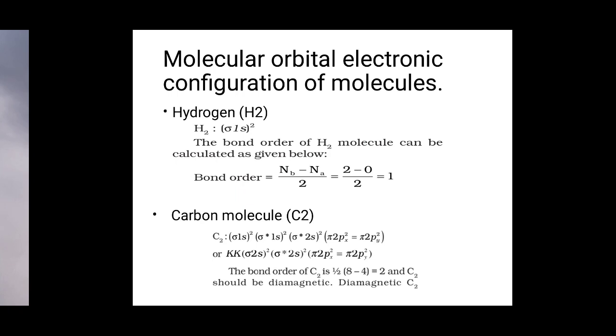Then in the case of the carbon molecule, the electronic configuration is given as sigma 1s2, sigma star 1s2, sigma 2s2, sigma star 2s2, pi 2px2, pi 2py2. The carbon molecule contains a total of 12 electrons, and all of them occupy in this manner.